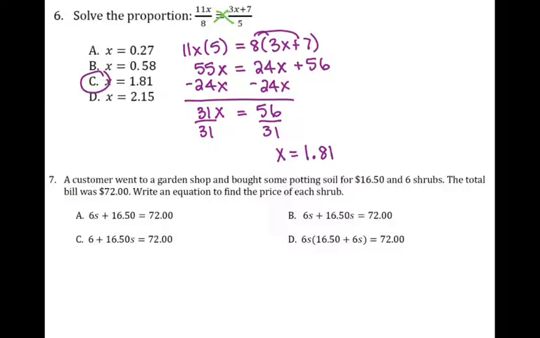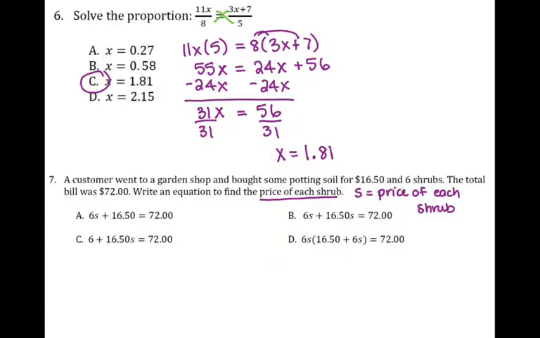Number 7, a customer went to a garden shop and bought some potting soil for $16.50 and 6 shrubs. The total bill was $72. Write an equation to find the price of each shrub. Okay, so I'm going to let S represent the price of each shrub.